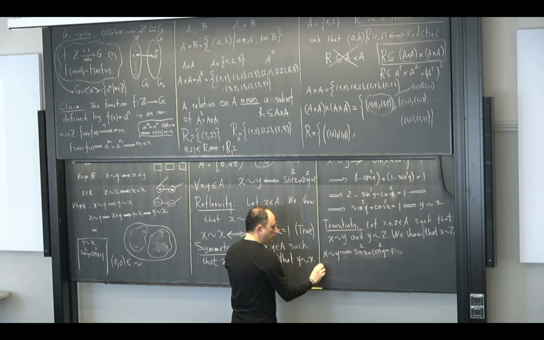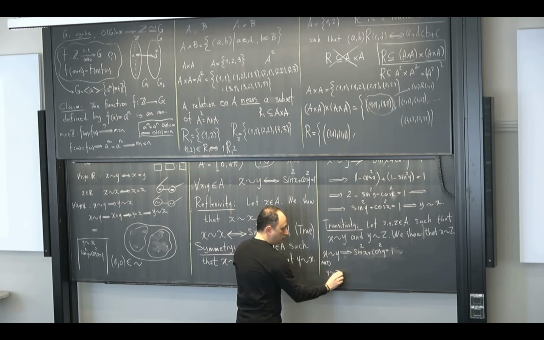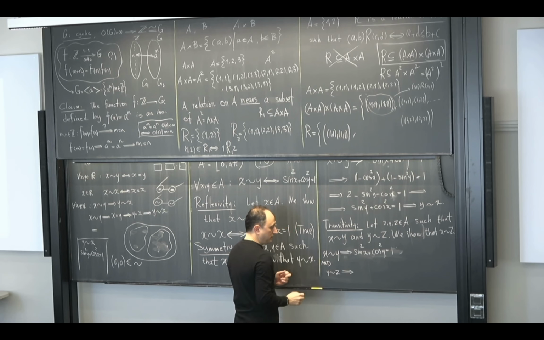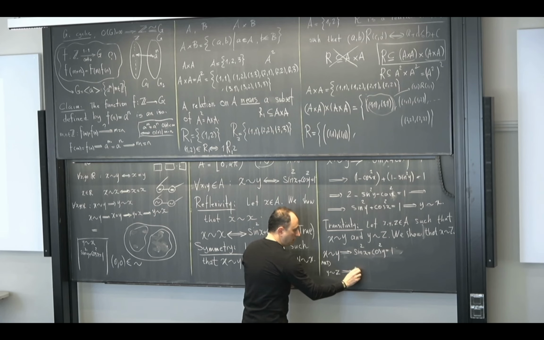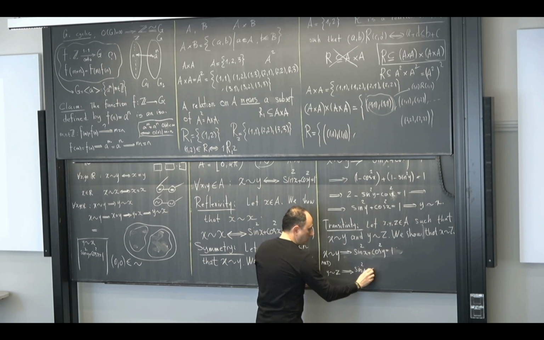But you also told me and y is related to z, translated to the language of mathematics, so in the language of the problem. So this means sine of the first one squared plus the cosine of the second one squared is equal to 1.